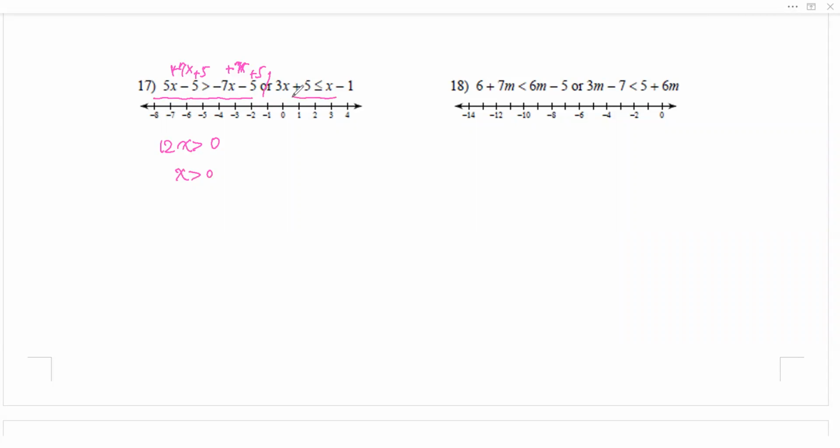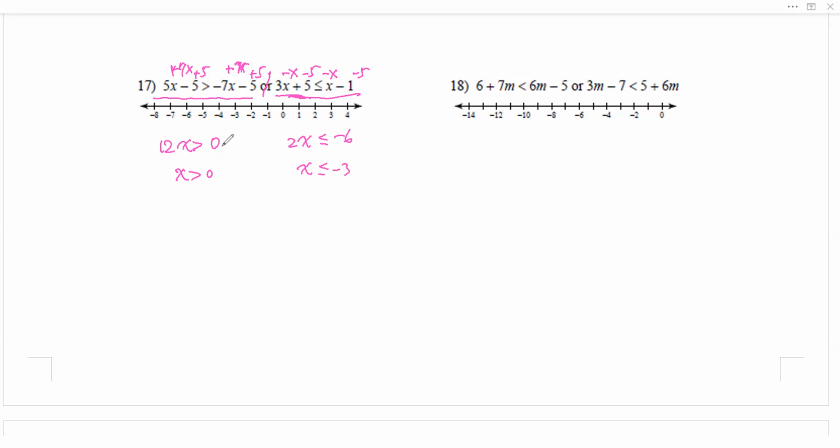See the right part here. Both sides minus x, both sides minus 5, minus 5. So left part here, you got 2x, right? Less than or equal to negative 6. Both sides divide by 2.